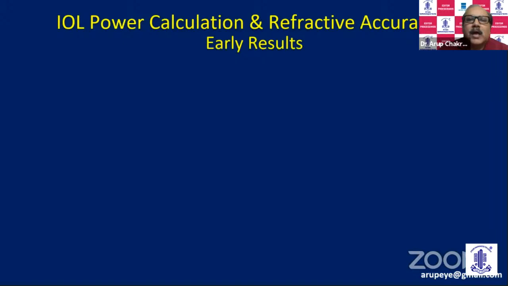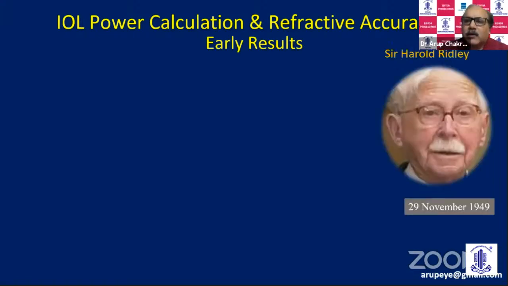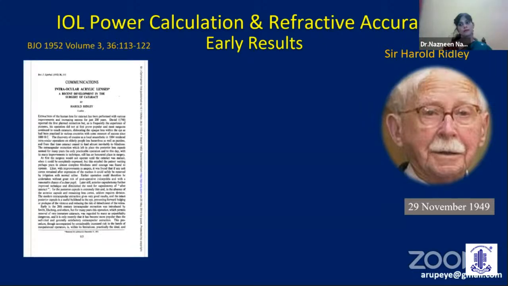So basically, how did the IOL power calculation all begin? We all know about Sir Harold Ridley, 29th November 1949, when the first IOL was implanted. And on the same day was the genesis of IOL power calculation and refractive accuracy related matters. Anatomically, the cases did extremely well.